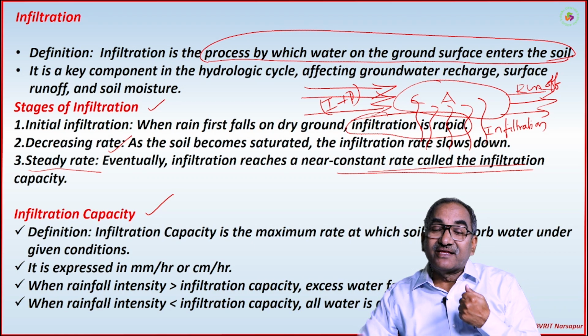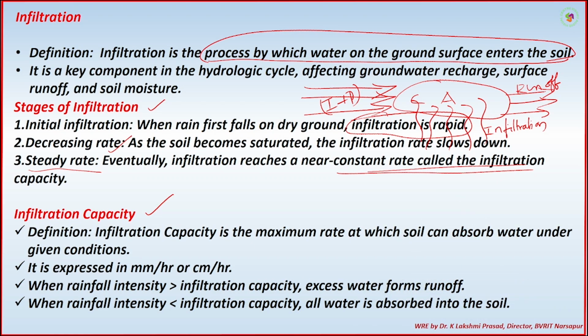And what is infiltration capacity? The infiltration capacity means the maximum rate at which the soil can absorb water. Naturally, at the beginning, the infiltration capacity is very, very high.